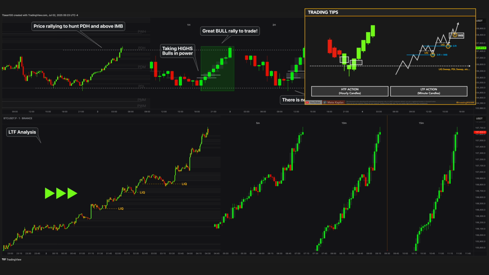Notice these small inner liquidity sweep areas in the 1 minute. All these small sweeps actually happen at the area of 5-minute imbalances if you carefully look at it. Remember, we are rallying towards the PDH, the previous day high, as our target.